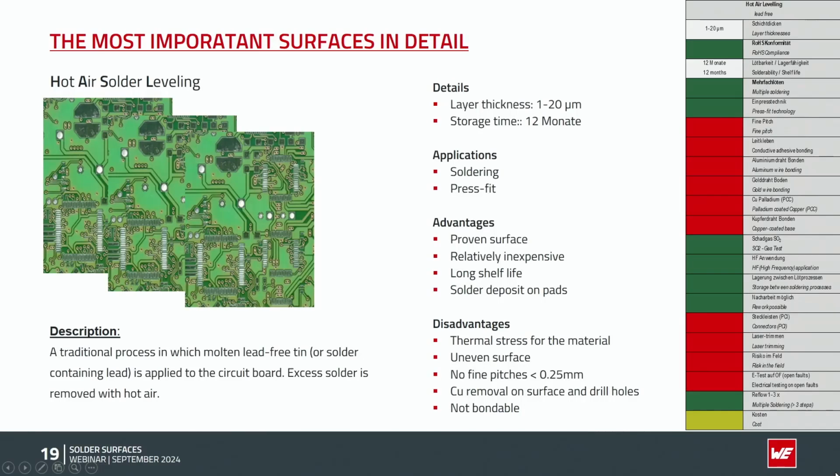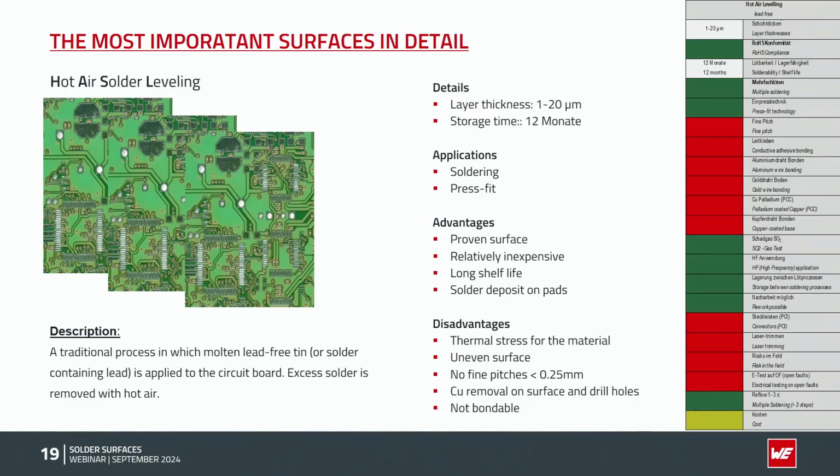Let's have a look at the next solder surface, which is hot air solder leveling, or hot air leveling, also called HAL mainly in the German areas. The description says that it's a traditional process with molten lead-free tin on the copper, and it's applied with the molten tin.